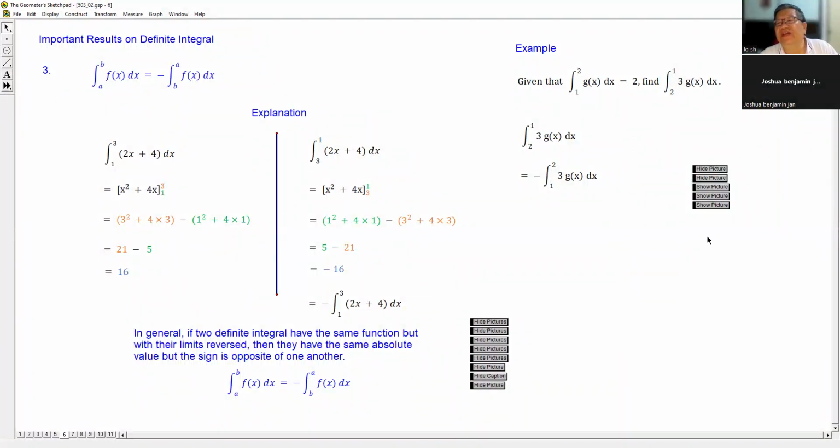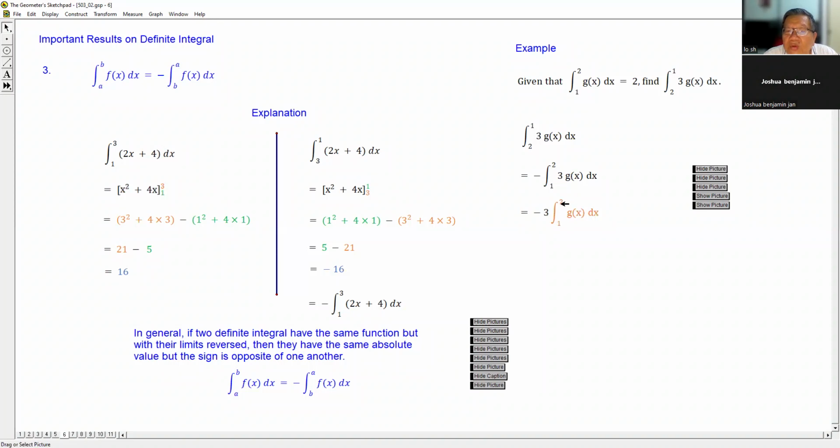Okay, so this is the first step. Second step, from the previous result, they say that if there is a number k in front, you don't have to integrate this number. You can put it outside. So I take this number and put it outside. Once I put it outside, I look at it again.